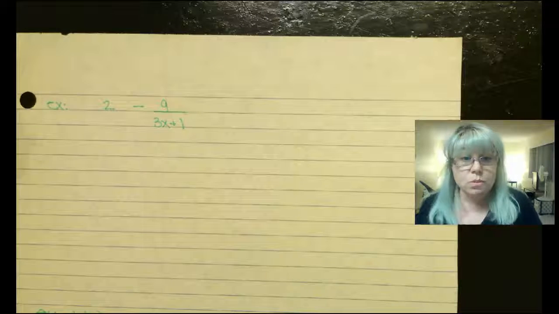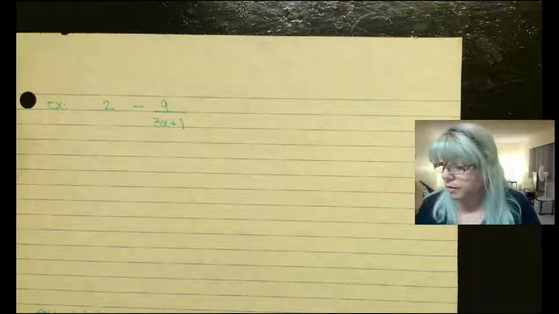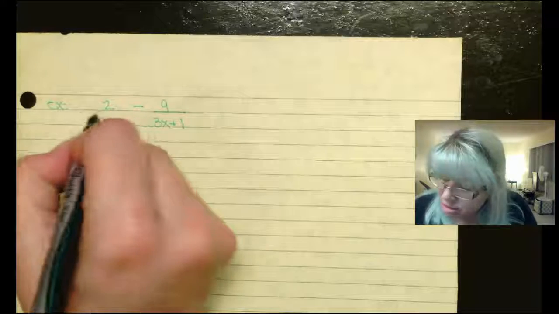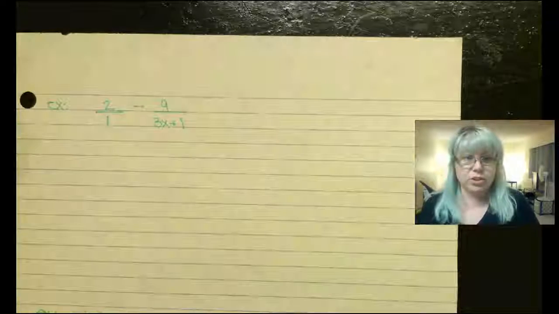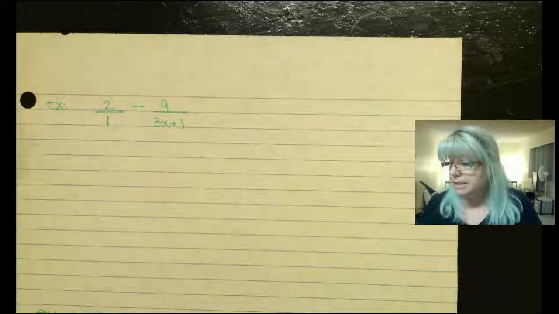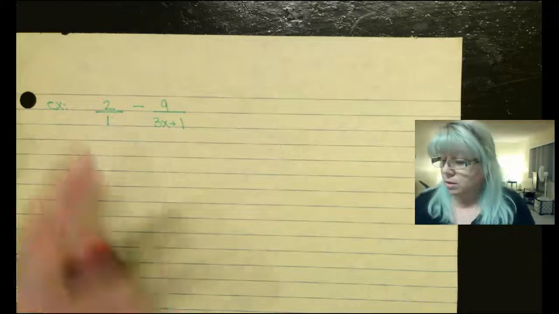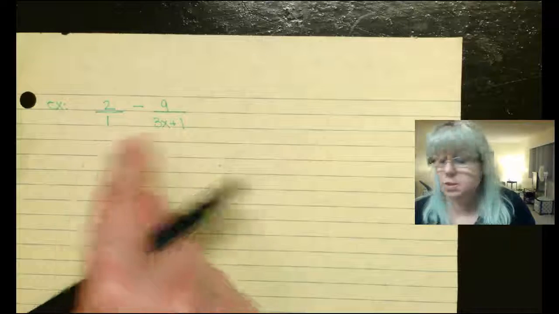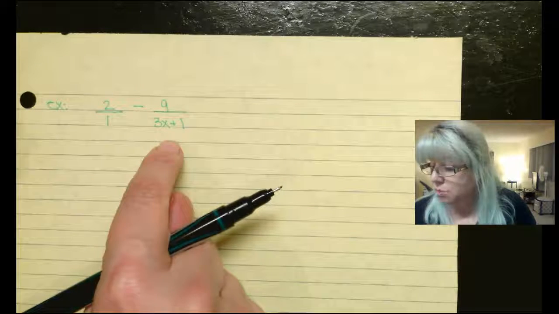All right, 2 minus 9 over 3x plus 1. You do need to remember that there is a denominator with the 2. So the LCD is going to be 1 times 3x plus 1. Well, 1 times 3x plus 1 is just 3x plus 1.